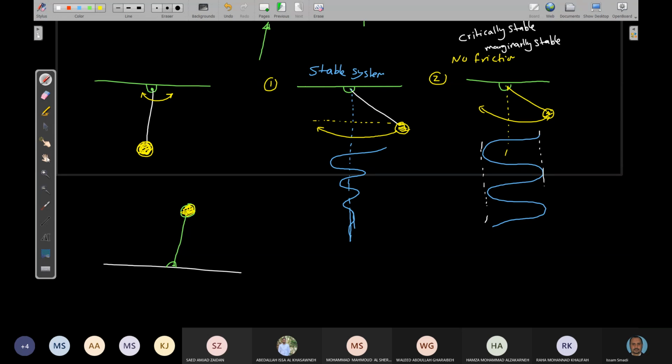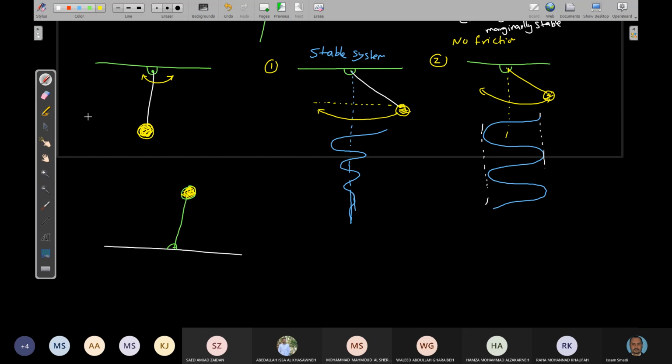Now, what will happen here if any small disturbance happened or whatever? If this one is not balanced 100% due to the asymmetry, whatever. And if I'm starting the ball or the pendulum, let's say, this one's called an inverted pendulum. If I'm starting the inverted pendulum at this position, what will happen?